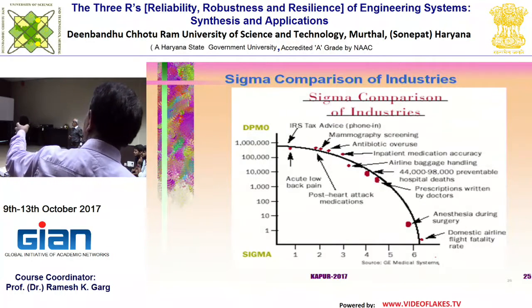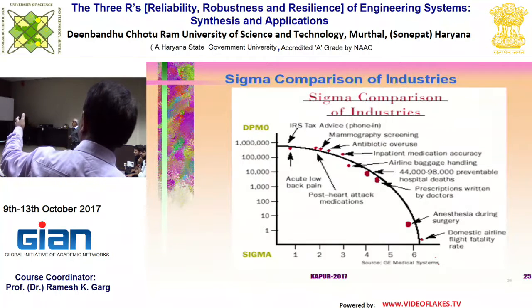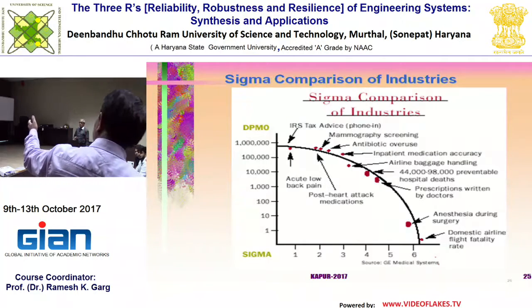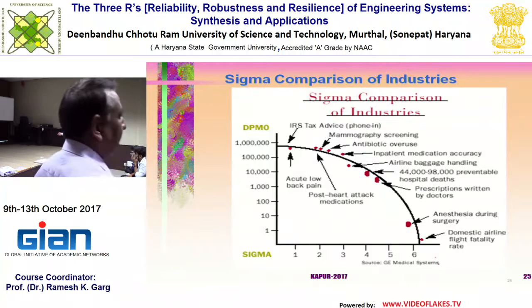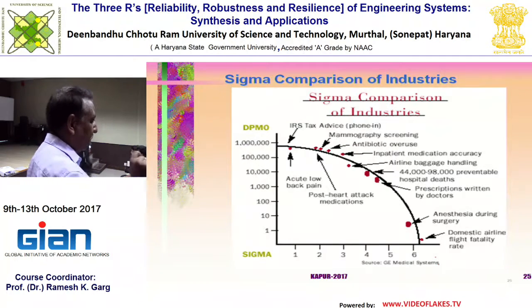Either it is a case of mammography, overdose of antibiotics, inpatient medication accuracy, hospital deaths, prescriptions written by doctors, or anesthesia. And the rest of the issues are by air. Only two issues are concerned.